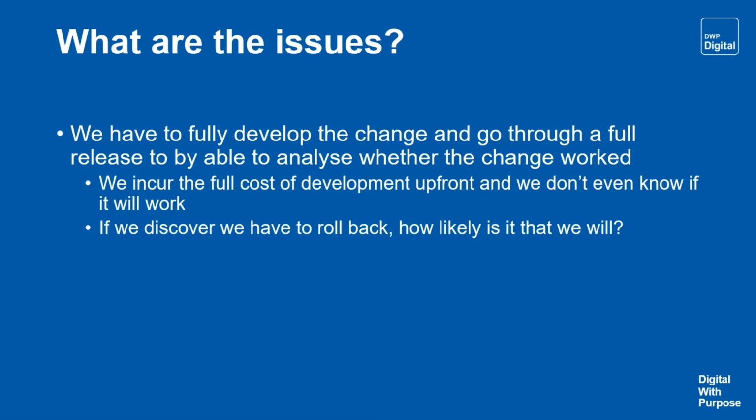So we incur that full cost of development up front, even when we don't know whether it'll work or not. And this is the point where, realistically, once we've released that change and invested all of that time, how likely is it that we're going to say, actually, we don't like that error rate, so we're going to roll it back? It would take something catastrophic for us to think about undoing all of that development work that we've done.